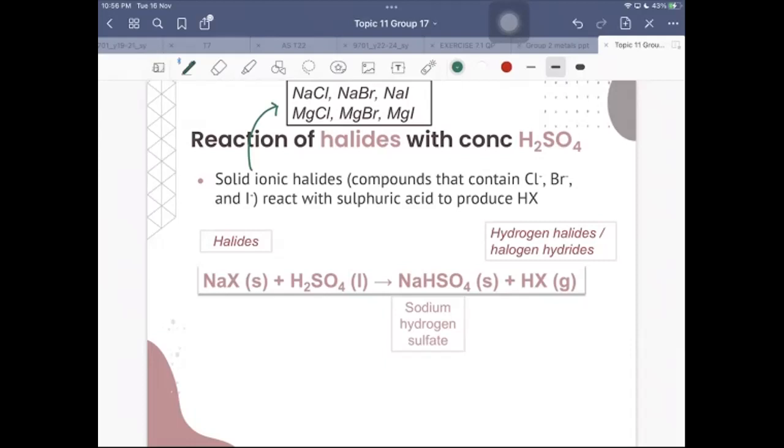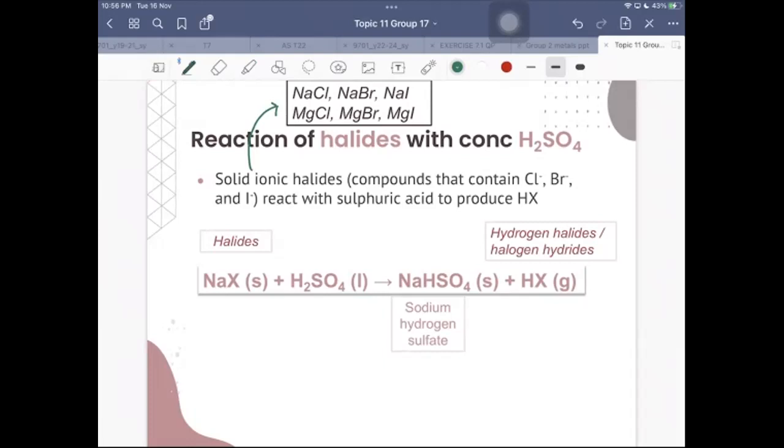So this is the general equation for the reaction of your ionic halides, which is sodium X plus sulfuric acid, which is a liquid, to form a sodium hydrogen sulfate solid and your hydrogen halide gas. So your hydrogen halide gases are mostly white in color.